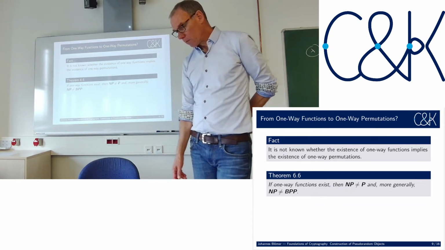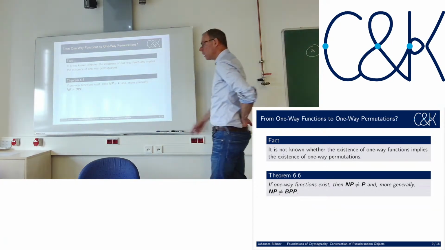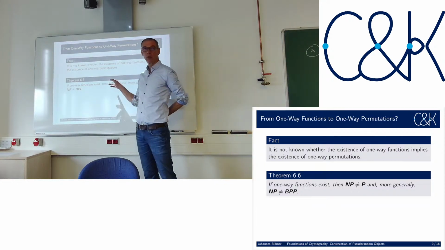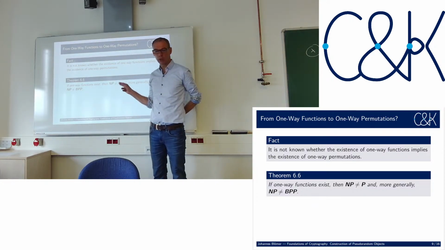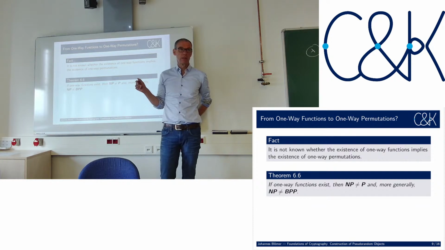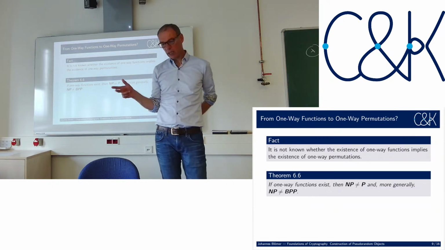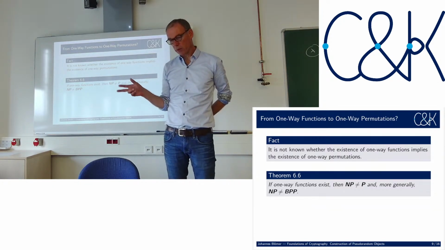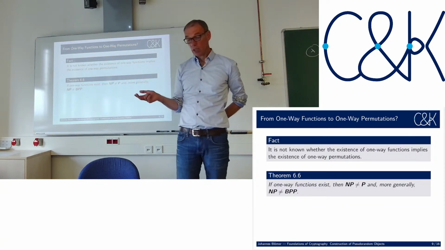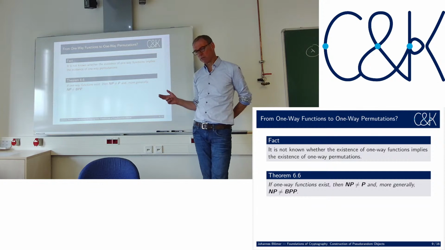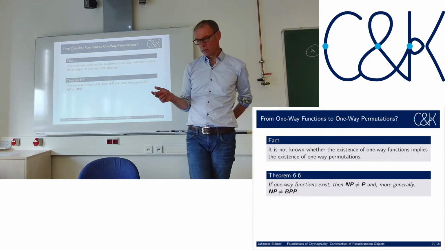But NP not equal to P is not sufficient to prove that one-way functions exist. For that, you need something else, somewhat stronger. You can modify this assumption that NP is not equal to P to get something that's necessary and sufficient to construct one-way functions, but I don't think it's quite so interesting.